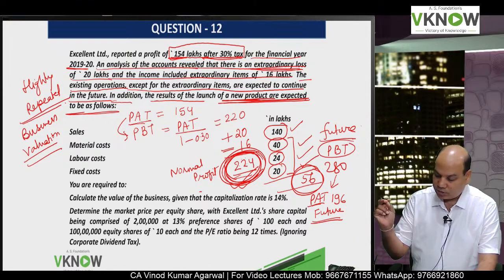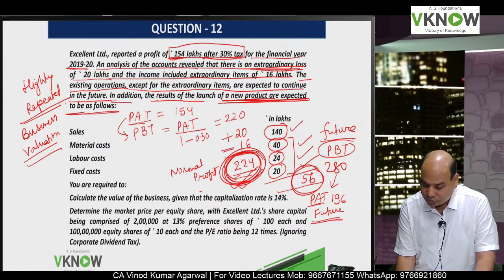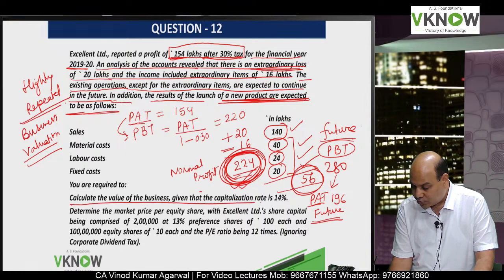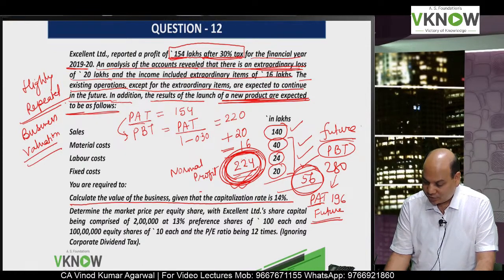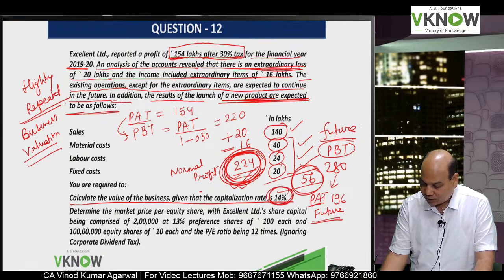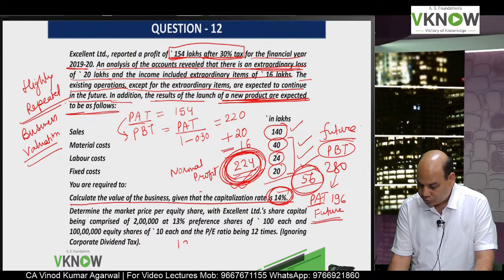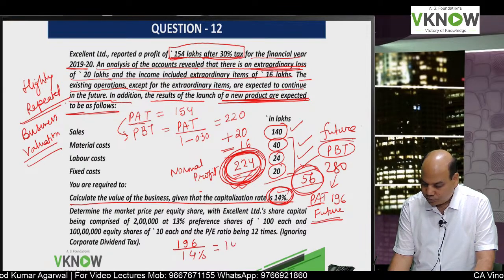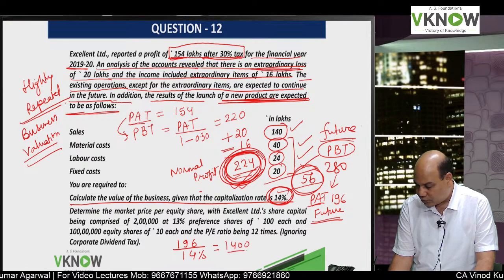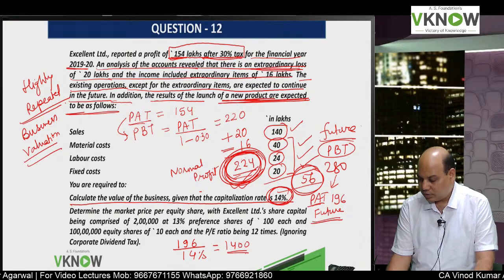From this business, 196 can be earned in future. Calculate the value of the business given that the capitalization rate is 14%. That is the required rate of return. So 196 divided by 14% will give you the value of the business, which comes to 1400 lakh rupees.